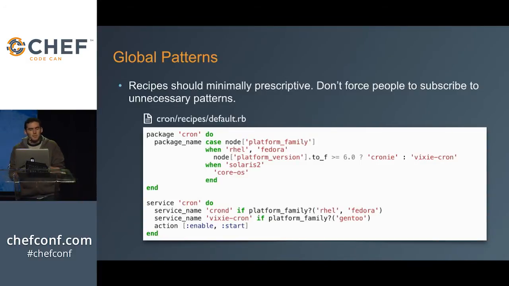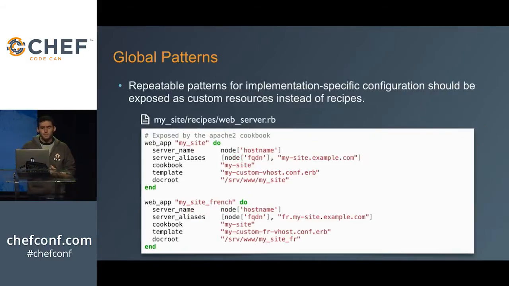I mean, in the case of the cron recipe here, downloading and starting just the basic package and service. And then what you can do is expose custom resources that allow your users to facilitate their implementation-specific configuration for those things.